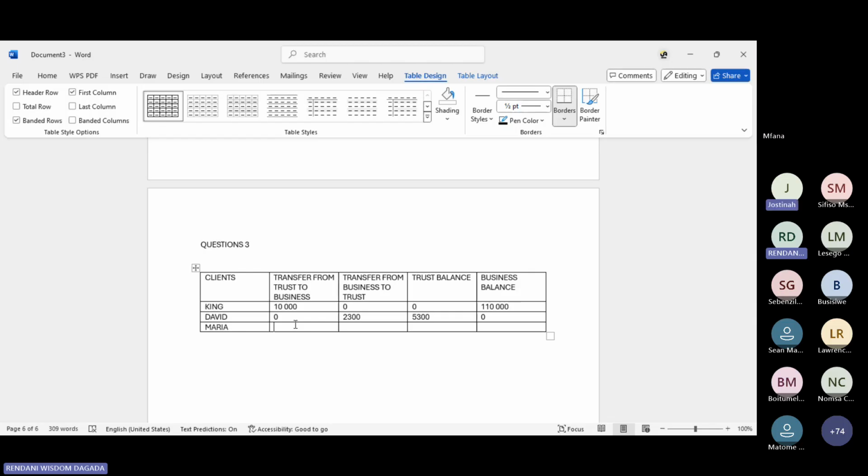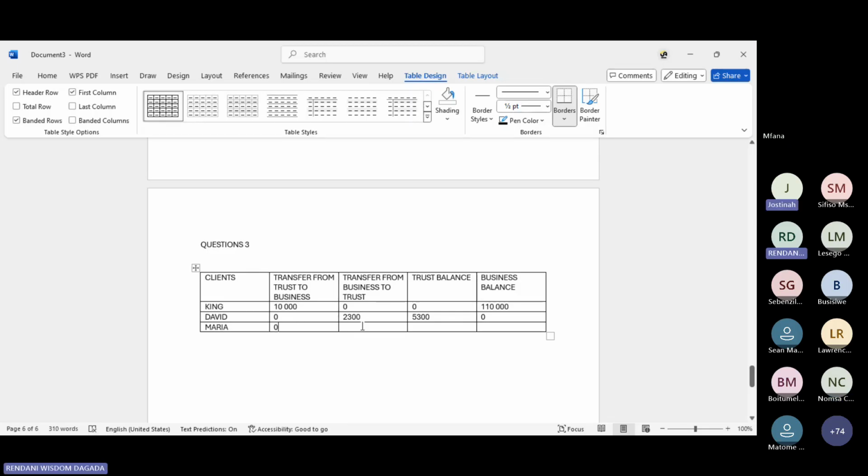Okay, let's talk about Maria. How much does Maria owe the business? 6,000. How much does Maria have in the trust? Zero. And what does the 2,500 in brackets mean in the trust balance? Shortfall. There is missing money. And how much do we transfer from trust to business? Zero.